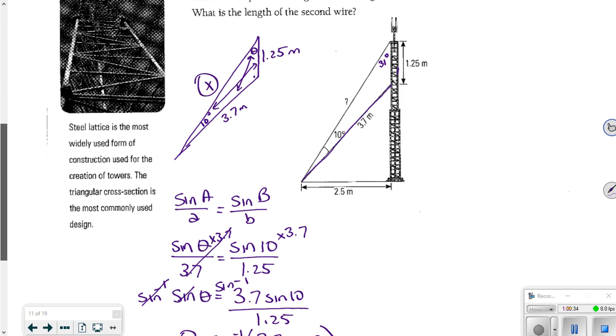That helps me because I need this angle right here, and now I have 2 of the 3 angles in my triangle. So this angle is going to be 180 degrees minus the 2 angles that I know. So 180 minus 10 minus 31 is going to be 139.